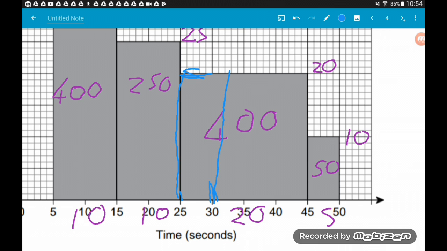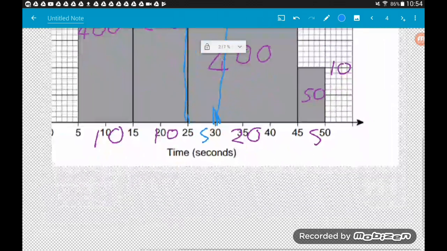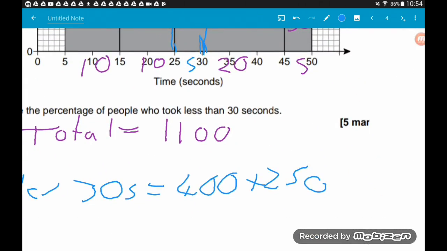So this guy has a width of 5 and a height of 20. So 5 times 20 gives us an estimate there in that bar of 100 people.